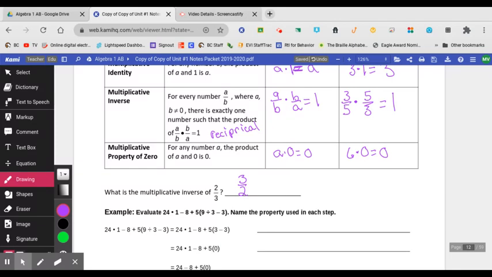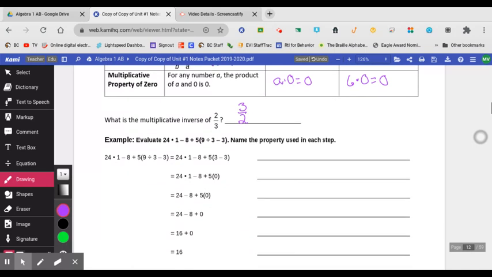All right, so evaluate and name each property. I've done the work for you. What I did is I did 9 divided by 3 and said it was 3. What property allowed that? Substitution. Next, I said 3 minus 3 equals 0. That is the additive inverse. And yes, while it looks like substitution, we always want to use the most specific form we can.